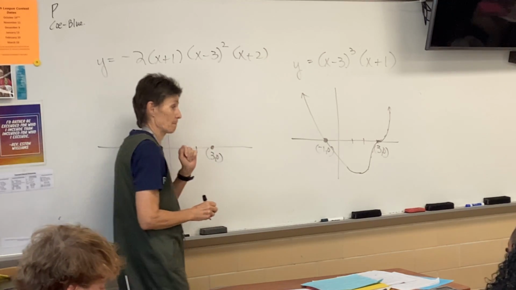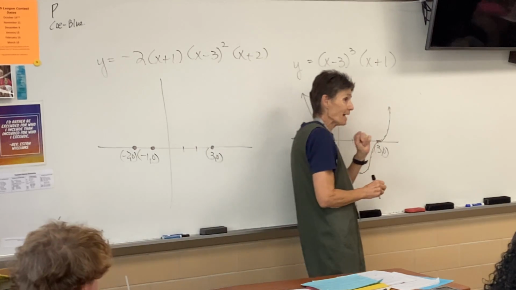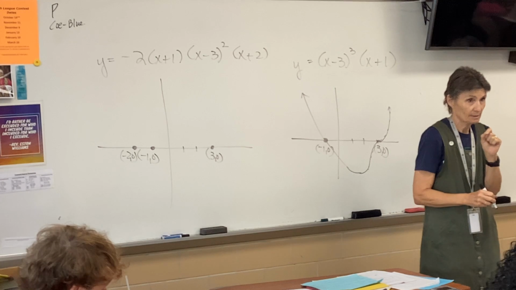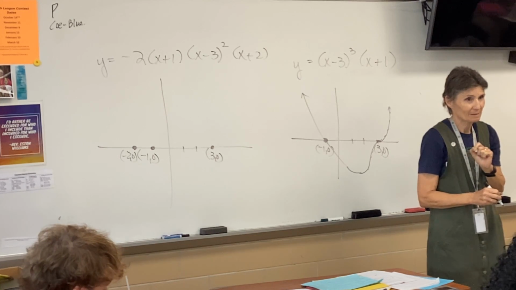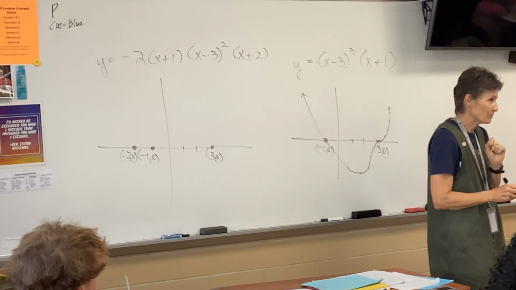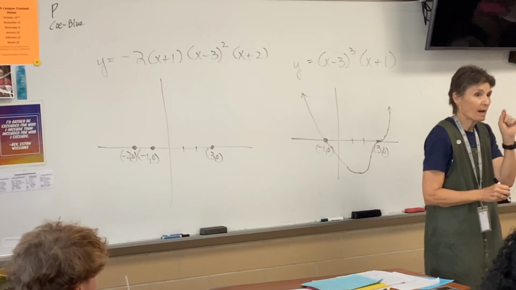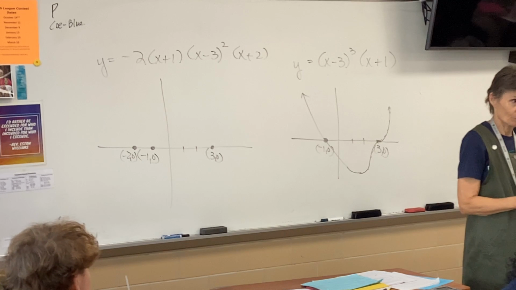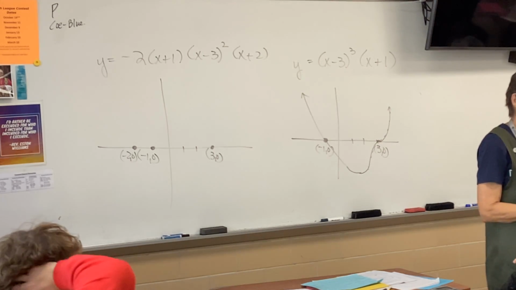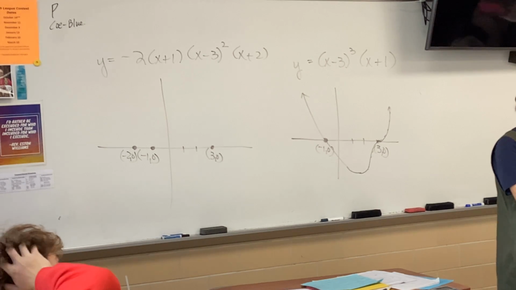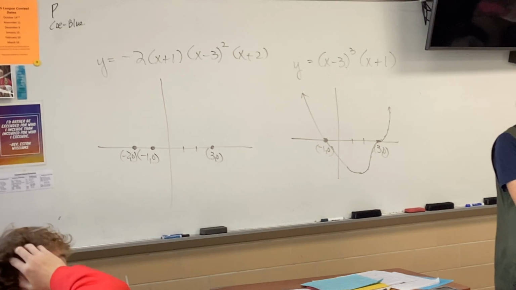Now, that 2 is not important, but the negative is important. Because what does the negative do? It turns it upside down. So I'm not gonna worry about the 2, but I am gonna have to pay attention to the negative. Dots come from x's.